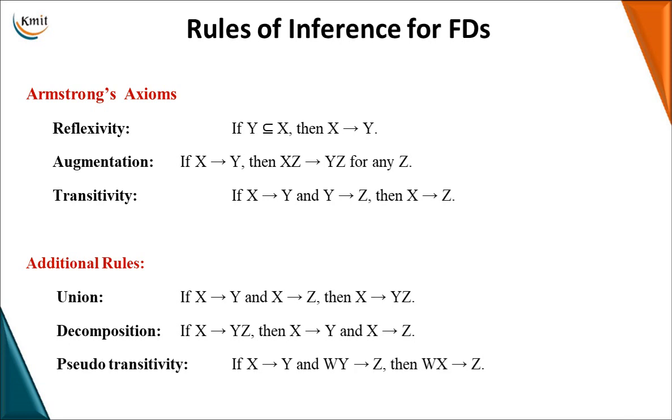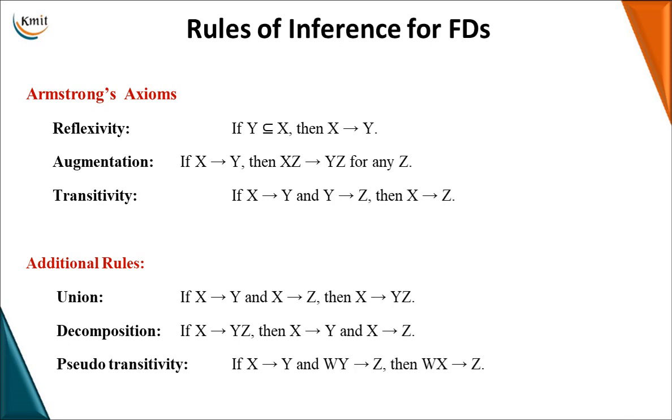Similarly, augmentation. If there is a functional dependency X determines Y, then by adding a new attribute, XZ can determine YZ, for any Z where Z is an element from the set of attributes. So augmentation says if X determines Y, then XZ determines YZ.